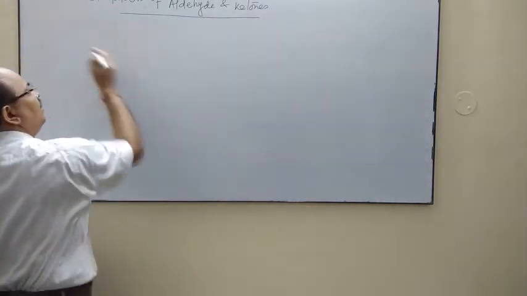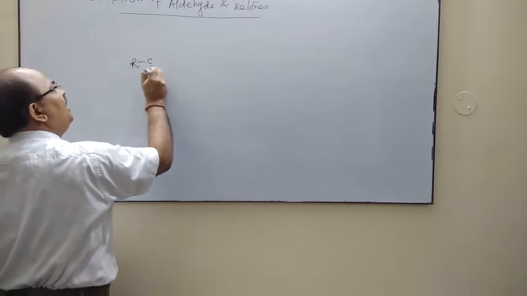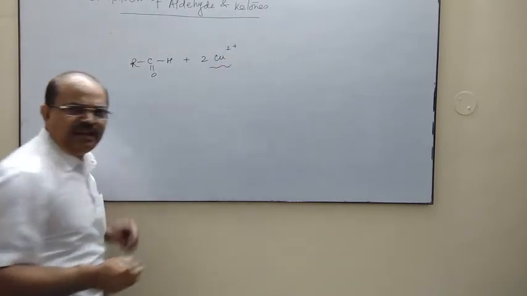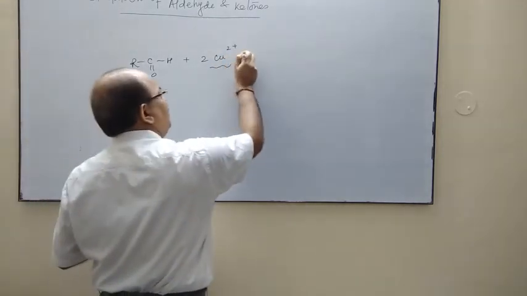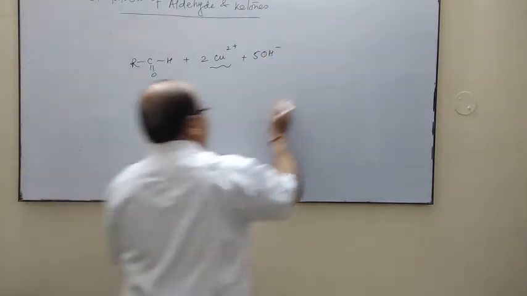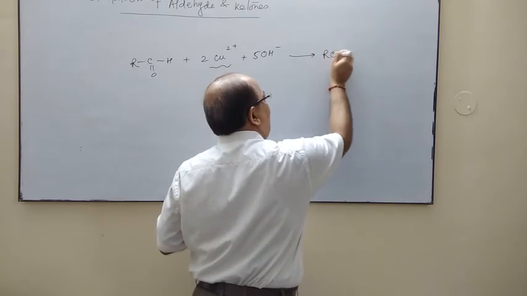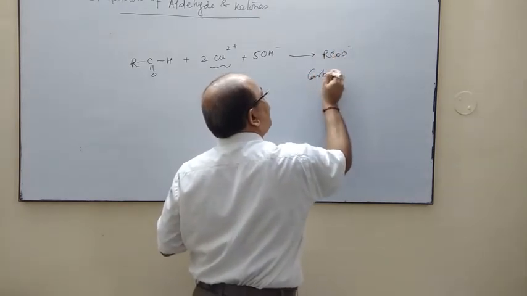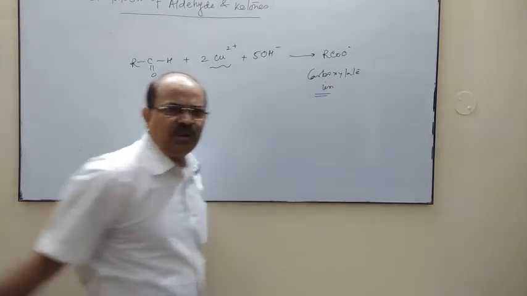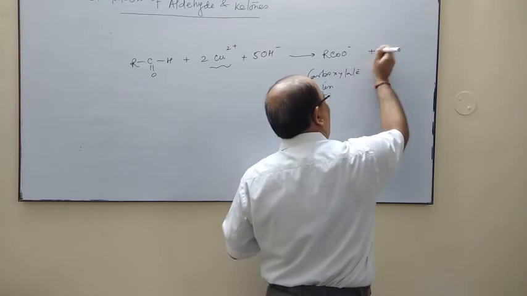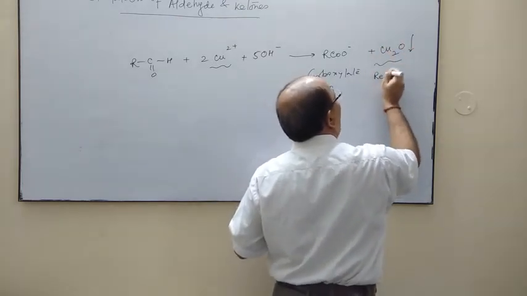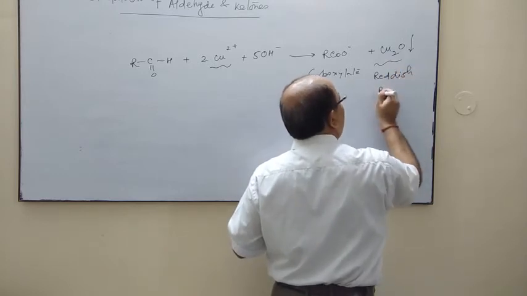We have this aldehyde, we have copper ion, that is the copper ion from copper sulfate, and then we have OH ion, that is alkaline, and we get carboxylate ion. This is your carboxylate ion, which on hydrolysis will give carboxylic acid, and a reddish brown precipitate of cuprous oxide.